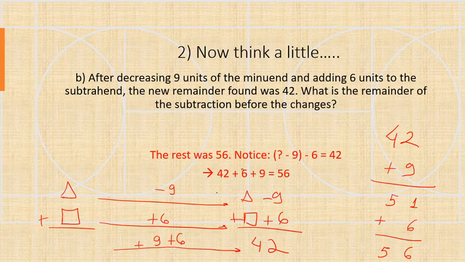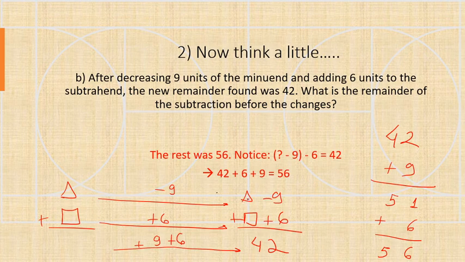Then, after decreasing 9 units of the minuend and adding 6 units to the subtrahend, the new remainder found was 42. What is the remainder of the subtraction before the changes? So, take a look. I have a triangle and a square. First, I subtract 9 units from my triangle, right?